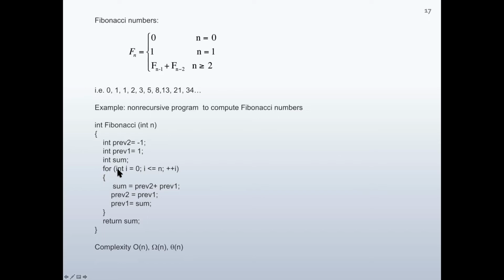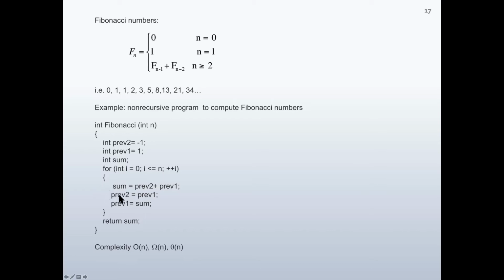Here there is a for loop. We are starting with integer i equal to 0 and it is repeated until i becomes more than n. Each time i is incremented. Sum is equal to Prev2 plus Prev1, as given here in the formula of the Fibonacci number, F(n) is F(n minus 1) plus F(n minus 2).